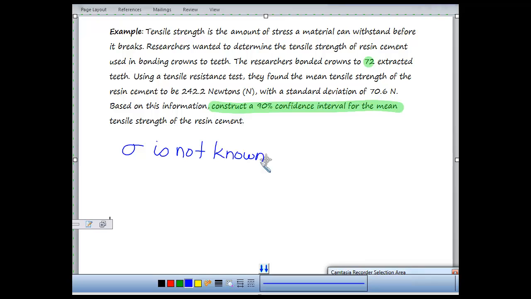Additionally, we need to know that either the population is normally distributed or our sample size is greater than or equal to 30. And we see that our sample size is greater than or equal to 30. Since n is greater than or equal to 30, we can use a t-distribution.